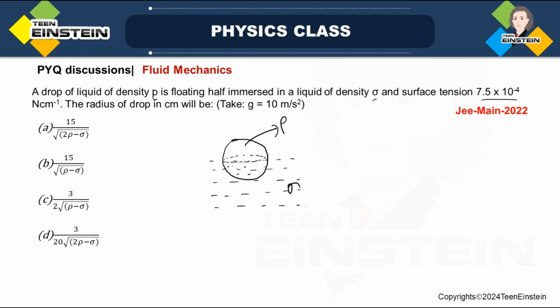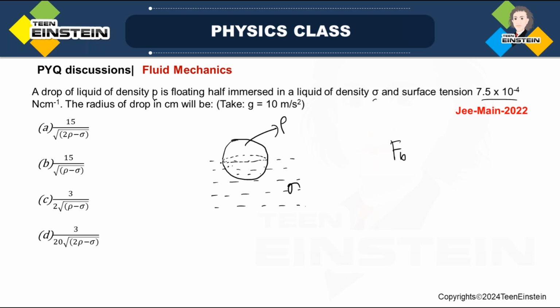In the simple case, if there is no surface tension, if we neglect the surface tension, what is the law of floating? We see the buoyant force and the weight.